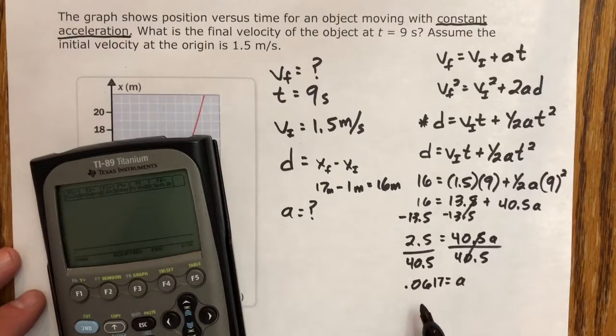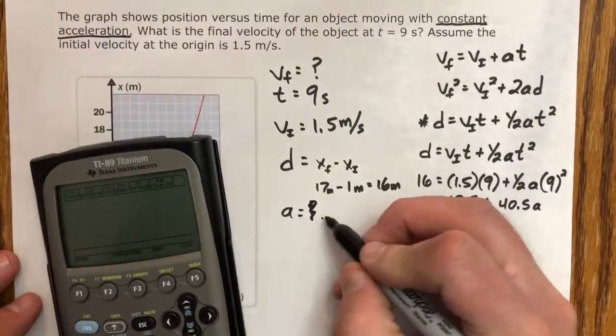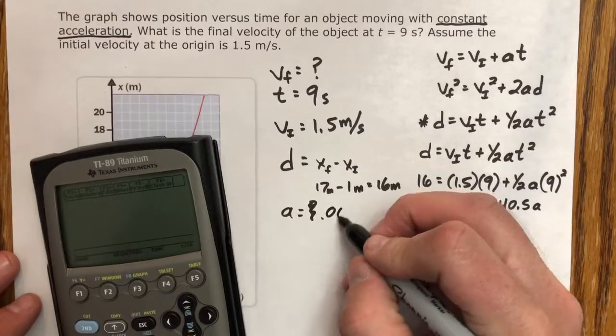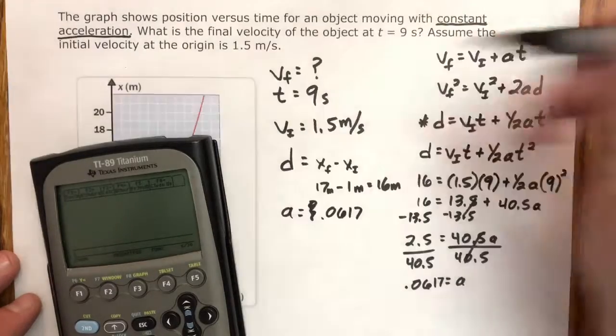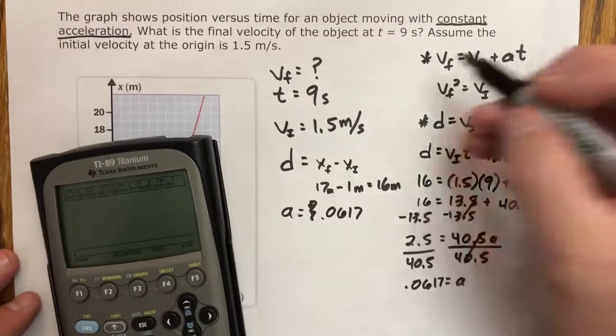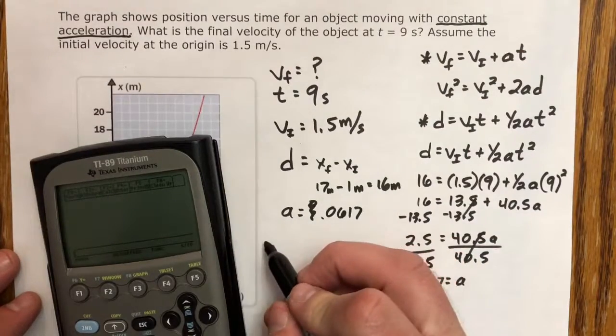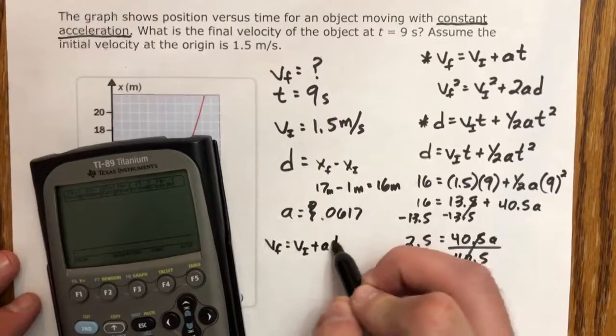Now what we're going to do is plug that acceleration into one of these equations here to solve for my final velocity. And that's the easiest one, I think. You could use the other one and still get the same answer. So I'm going to write that down right here. VF equals VI plus AT.